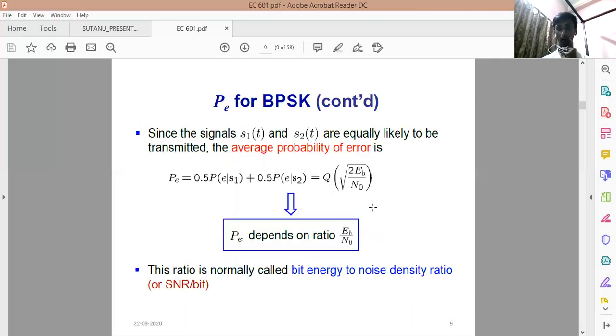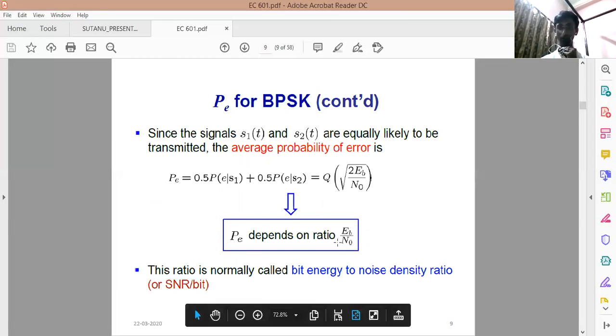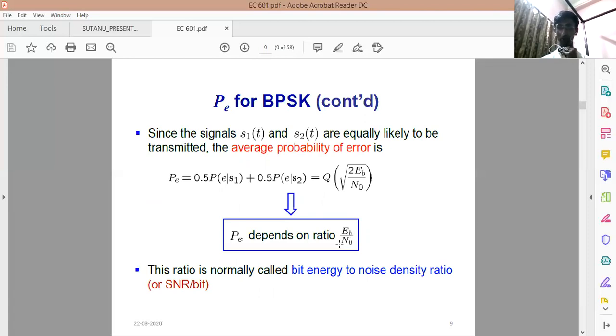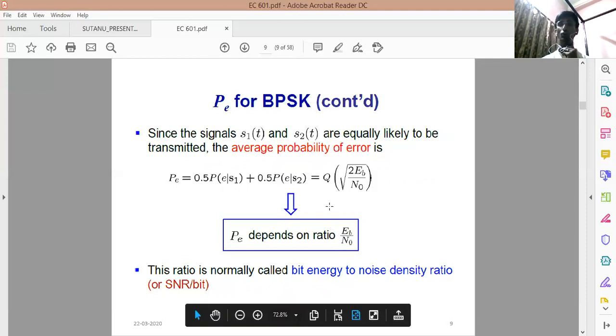Next, this is the function where we have found the relationship with the energy to noise ratio. Obviously, if you compare with respect to any modulations, you must put on the x-axis the average power to noise ratio.